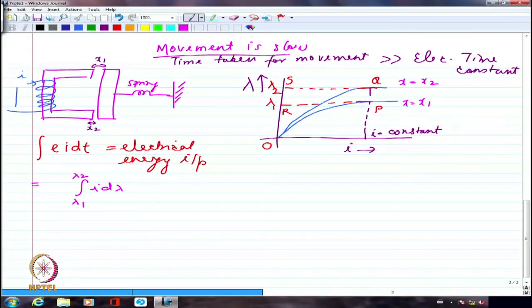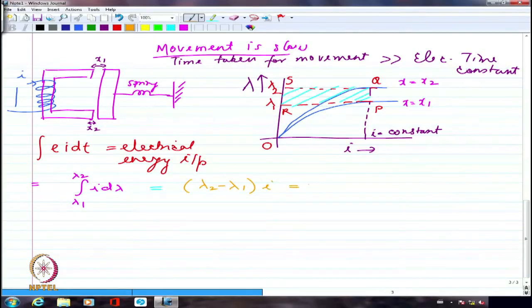Please remember the same I d lambda happened to be the field energy provided there was no movement. Now there is movement. So I am writing the same thing now as the electrical energy input, which I can specify as the area under this particular rectangle. Because I have to write this as lambda 2 minus lambda 1 multiplied by whatever is the current.